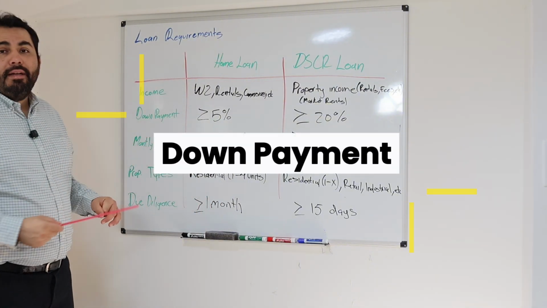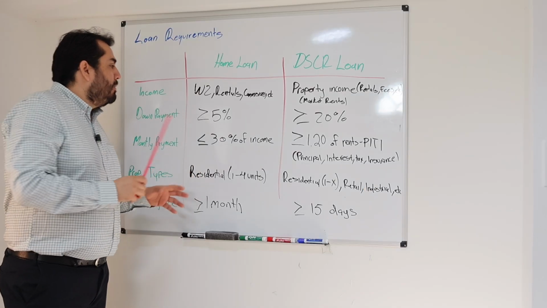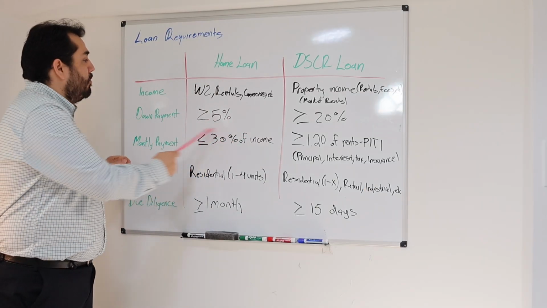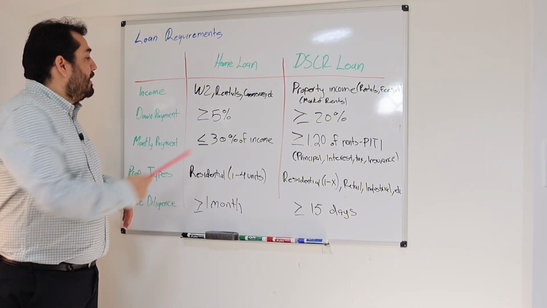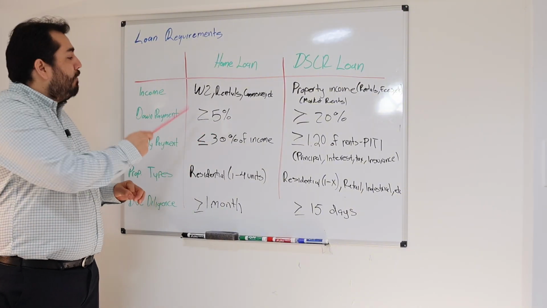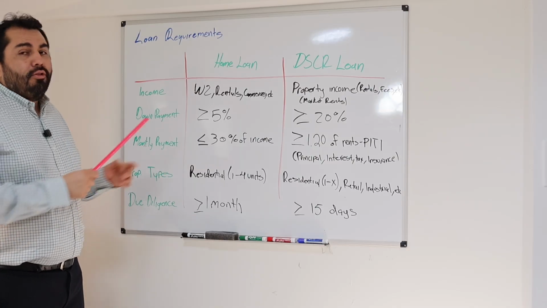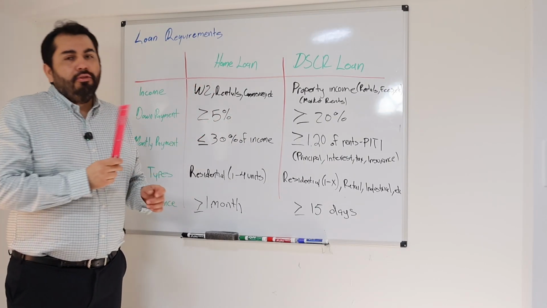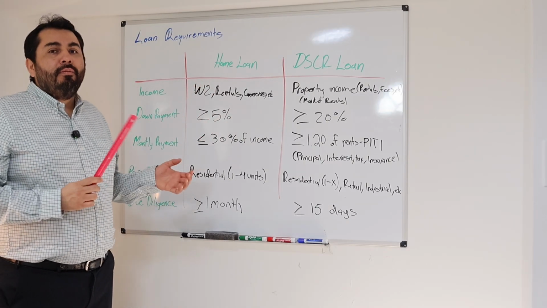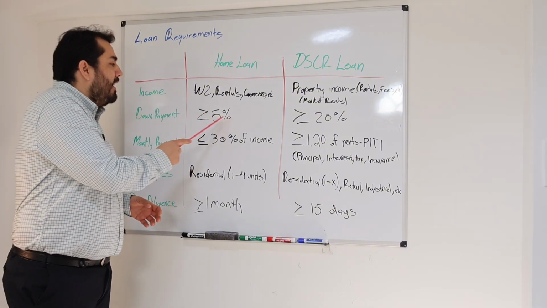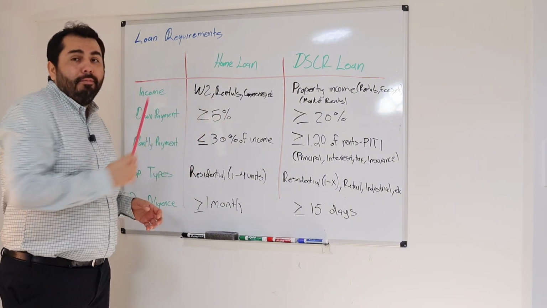For the down payment, it's a little bit better on the home loan because you have some federal programs that let you put up to 5% down payment on those kind of loans. But also you have to pay some kind of mortgage insurance or something like that to get this down payment reduced to 5%.